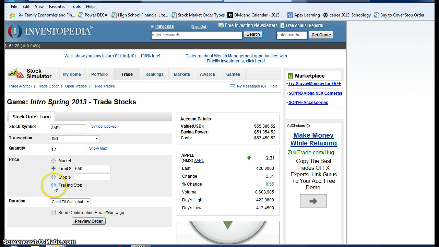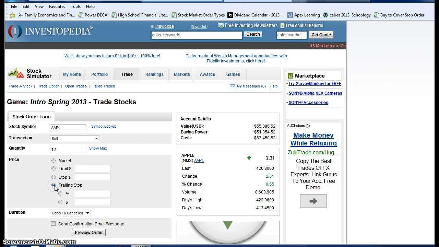Another feature when you go to sell is what is called a trailing stop. Once it reaches the price, it takes the price that it's trading at. So let's say in my example, Apple trades up to 500 a share, and I put a trailing stop of $10 in. What that means is it will take the highest price it gets to, starting from today. Once it falls $10 below the highest price it gets to, it will sell it off.